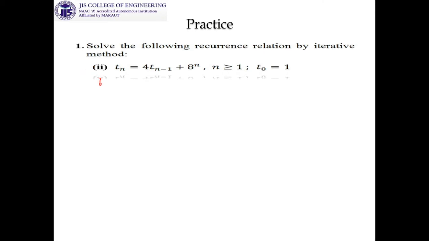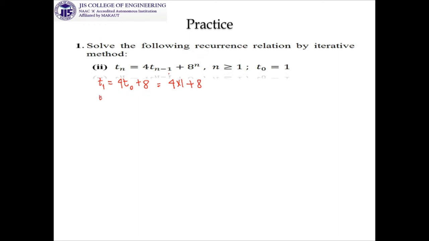So here it will be T1 is equal to 4 T0 plus 8 to the power 1. 4 T0 means 4 into 1 plus 8. Clear?